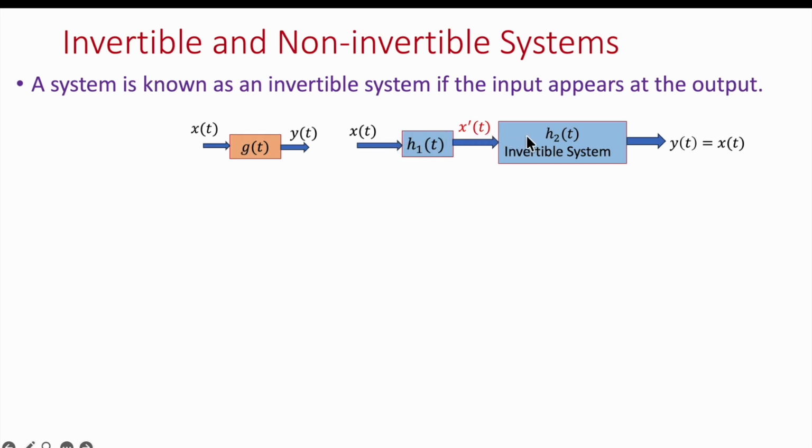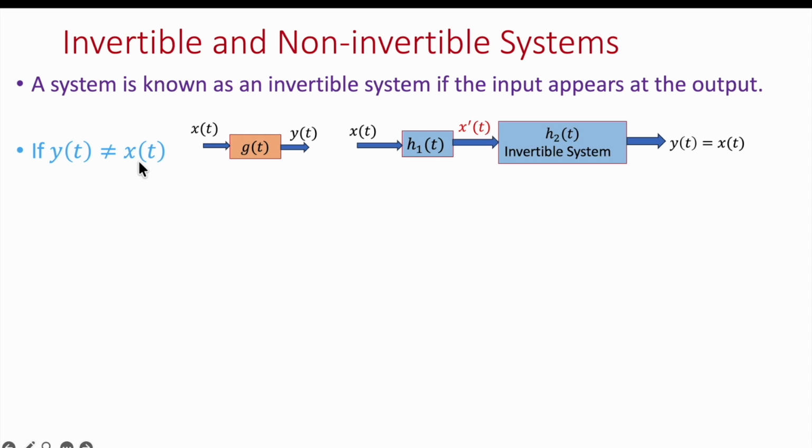And if you give that to the invertible system whose response is h2(t), the output will be again x(t), because you are inverting the response. Whatever the response is here, you are inverting it over there, so you end up with the same input that you applied. So you can say that these systems are invertible.